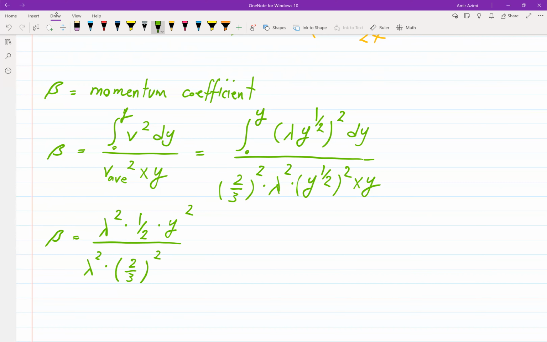And here y to the power of 1/2 squared becomes y, times y becomes y square.